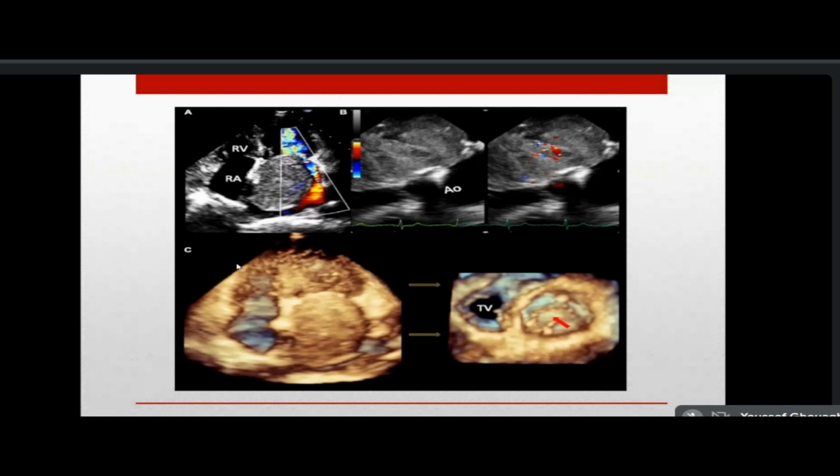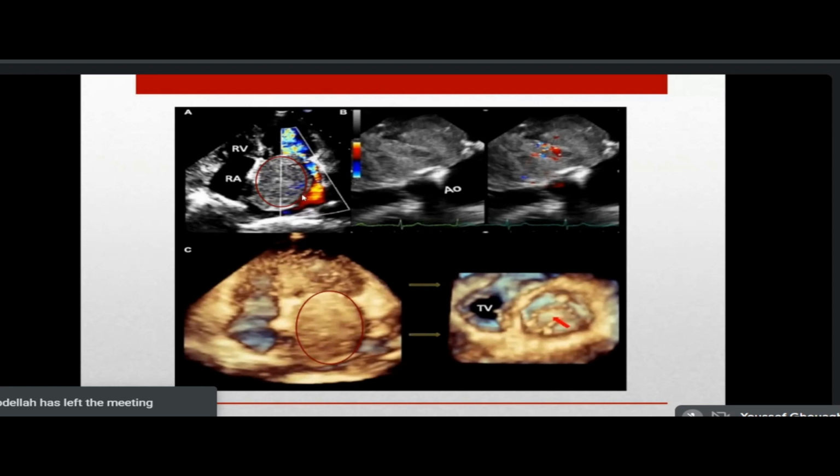But as you can see here, in this 2D and 3D transthoracic echocardiography, it shows a large echogenic oval mass that occupies particularly the entire left atrium.